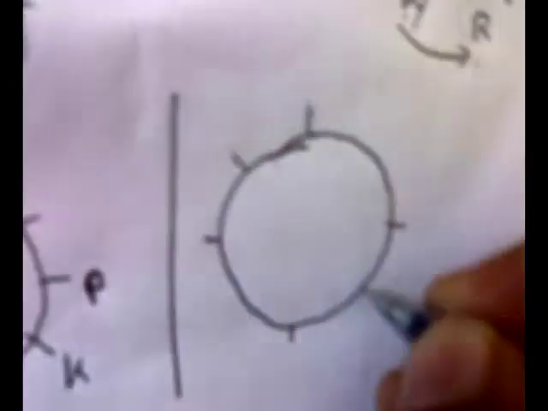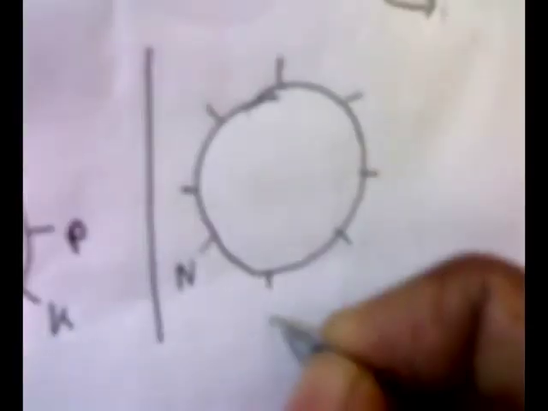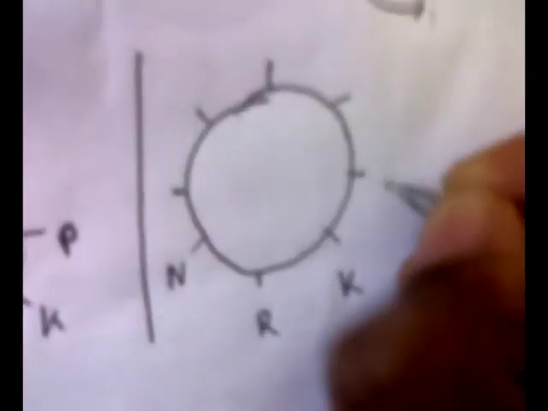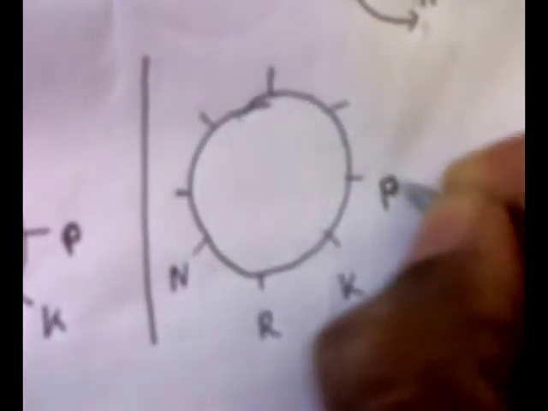Now we'll have to draw a second circle for the same condition, putting N, R, K and P as it is. Now why are we drawing the second circle?